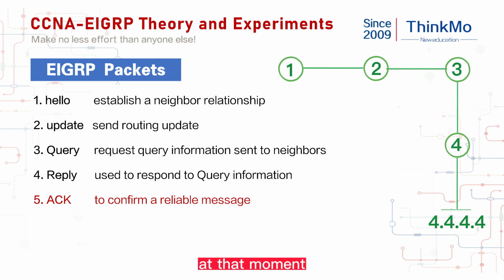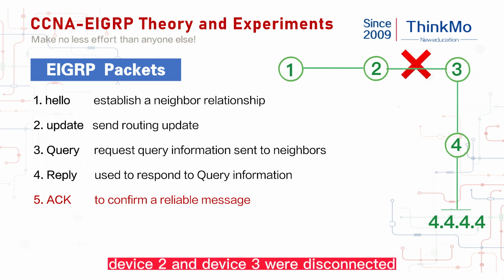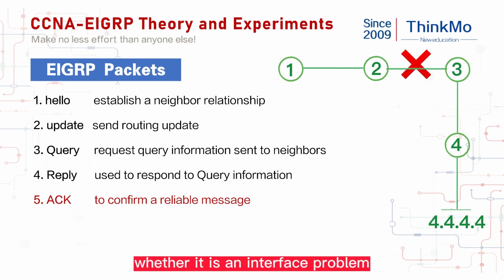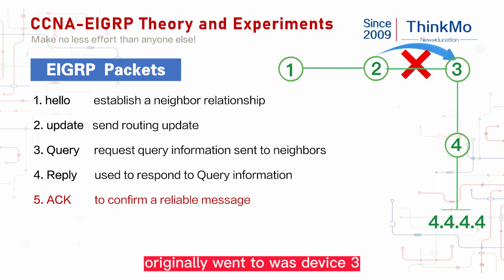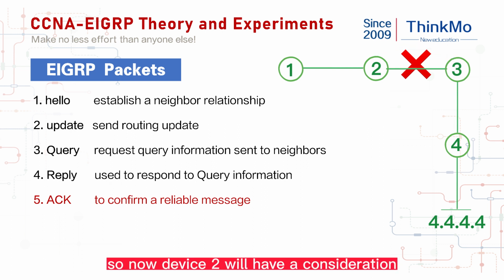At that moment, device 2 and device 3 were disconnected, whether it is an interface problem or a line problem, they both broke. So first for device 2, the next hop that device 2 originally went to was device 3. Now device 2 will have a consideration.